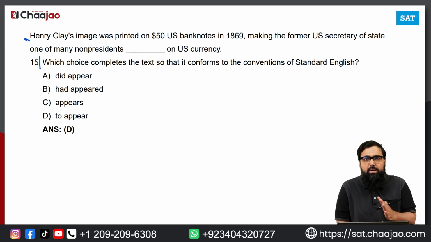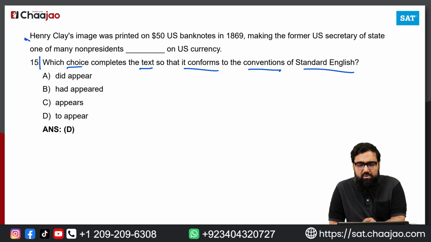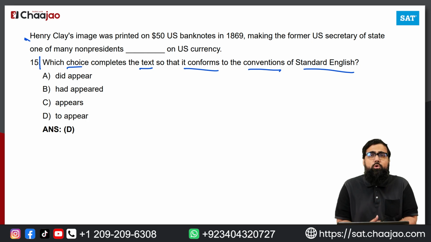It will ask you for a choice that completes the text so that it conforms to the conventions of standard English. So you need to know which convention is being tested on that particular question. That is something very, very important.